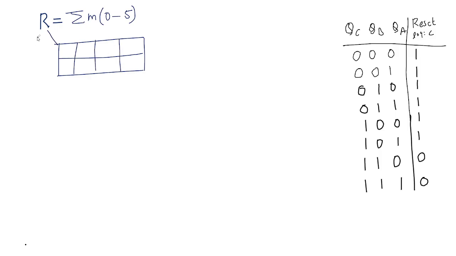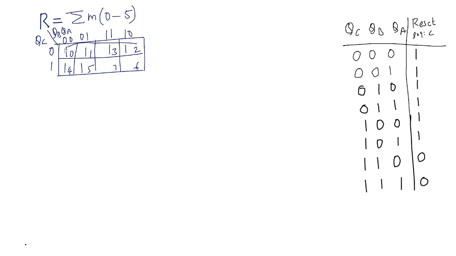What are the inputs? 0, 1, 2, 3, 4, 5, remaining 0 only.